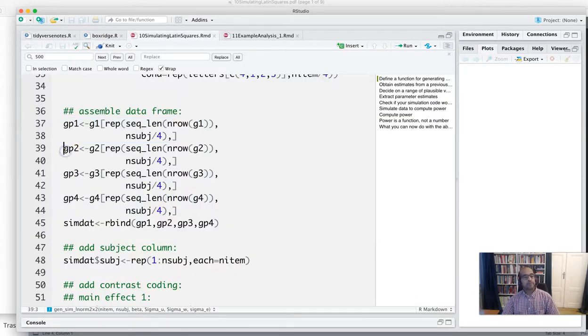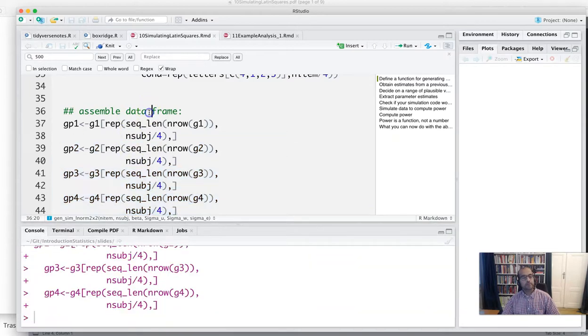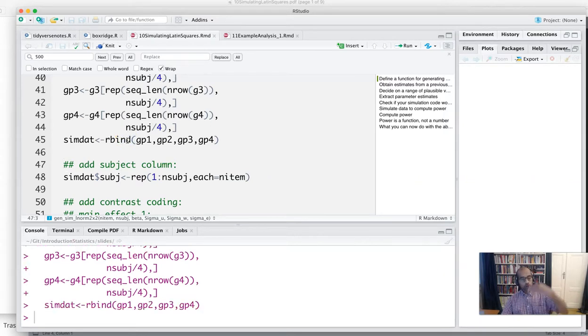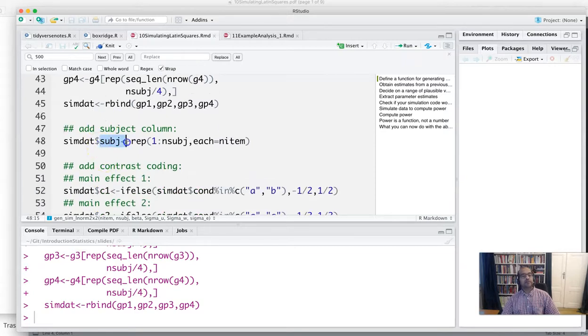So I do the same thing for the other groups, right? And so I get all the groups' data. So now I'm going to concatenate it using row bind. I'm going to concatenate all the 4 groups for the 8 subjects, and then I'm going to add a subject column.